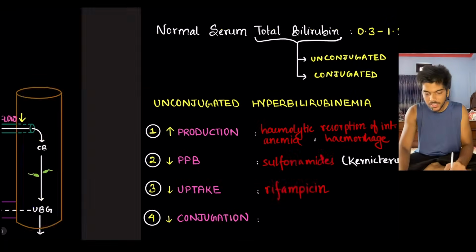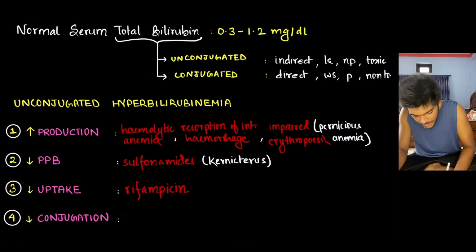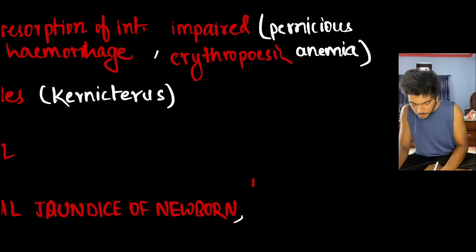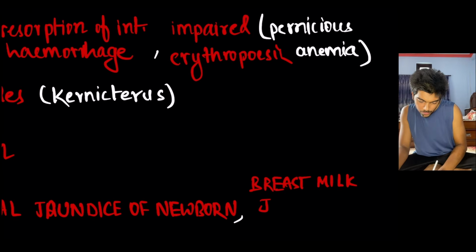Then decrease in conjugation. As soon as I say decrease in conjugation, first thing is physiological jaundice of newborn, as well as breast milk jaundice.